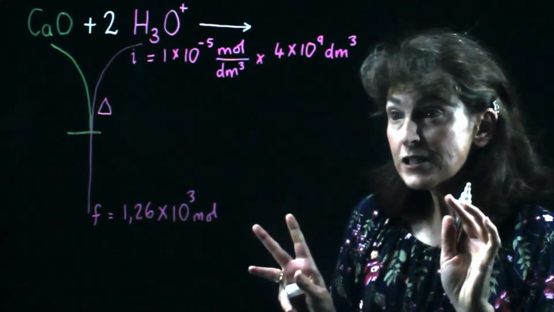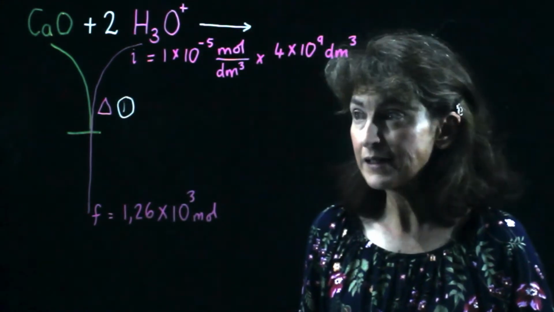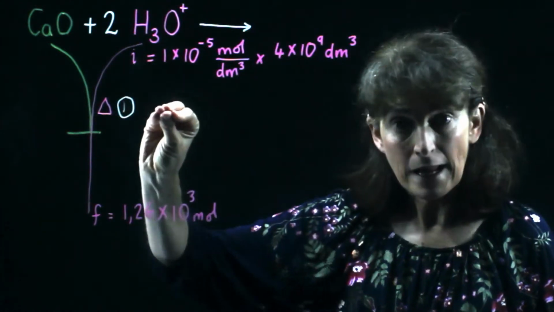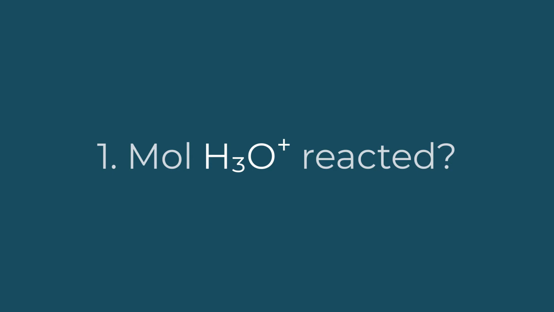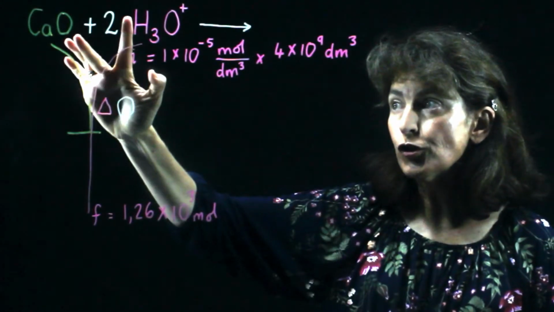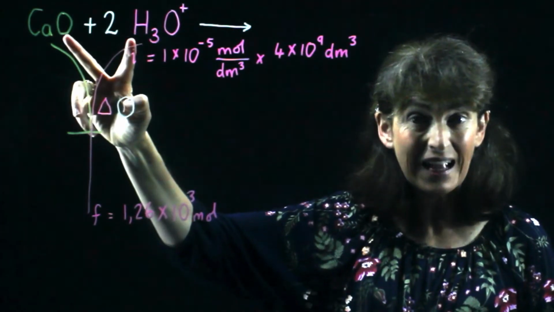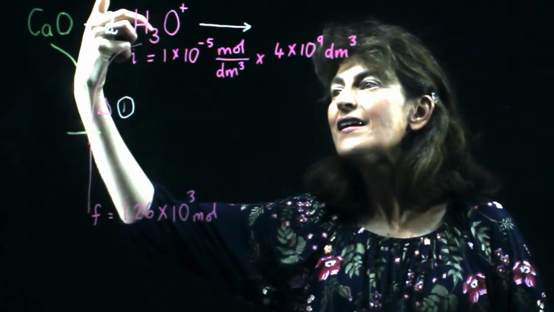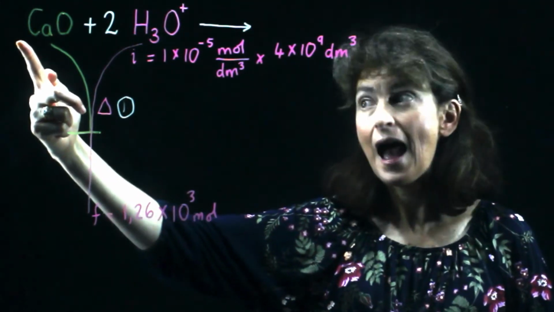Okay, so the first part of our strategy is we are going to find out the change in amount of hydronium. In other words, how much hydronium actually reacted. Why do we want to get that? What is that going to help us? We are then going to use the stoichiometric ratio in which these two react to deduce, therefore, how much calcium oxide must have reacted.